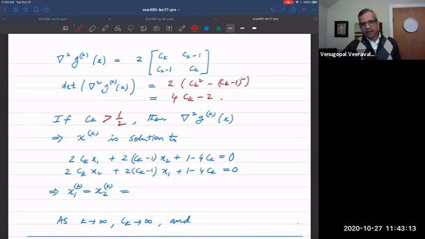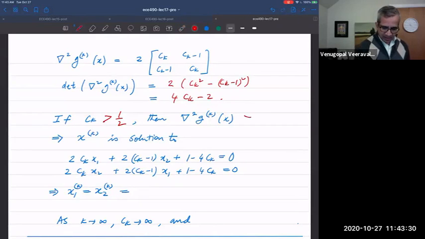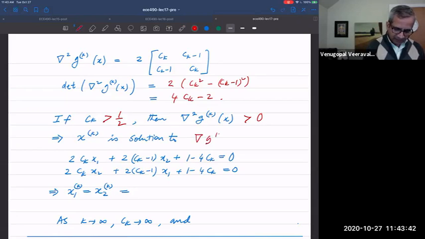And why is that? Because if you look at the principal minors, this principal minor is positive, and the determinant of the matrix will be positive if ck is bigger than half. So this will be a positive definite matrix. So xk is a solution, and in that case you can find xk by solving for the gradient.